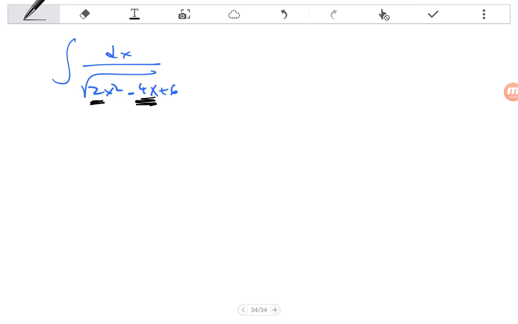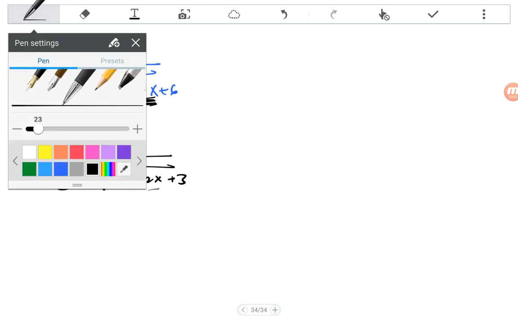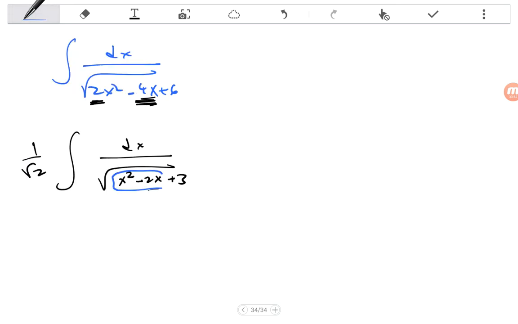I have here 2. I can get rid of this 2, I can take it out. That will be 1 over root 2, integration of dx over root of x squared minus 2x plus 3. I just took 2 as a common factor, then I took it out of the root like this. Now I am ready to apply completing the square on this expression. Okay, apply it.